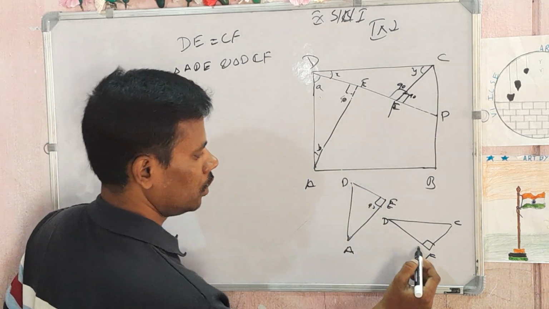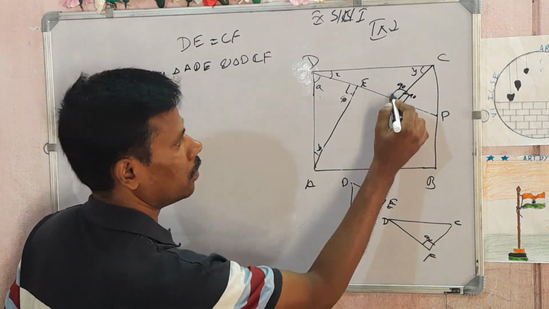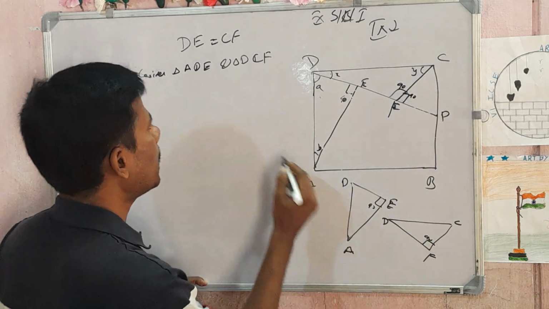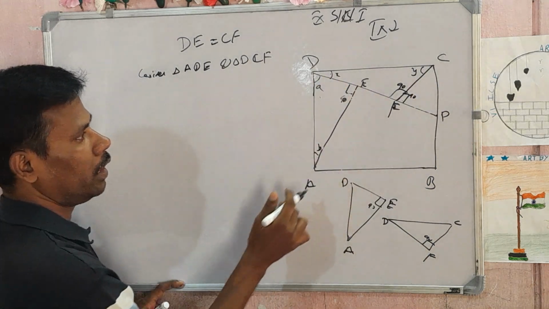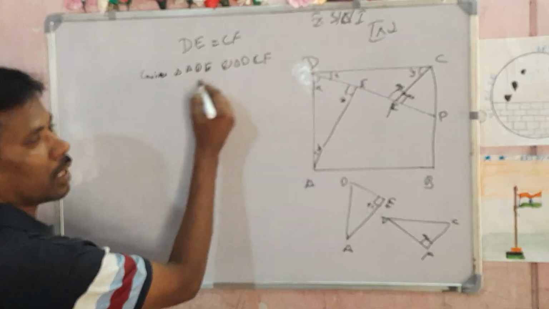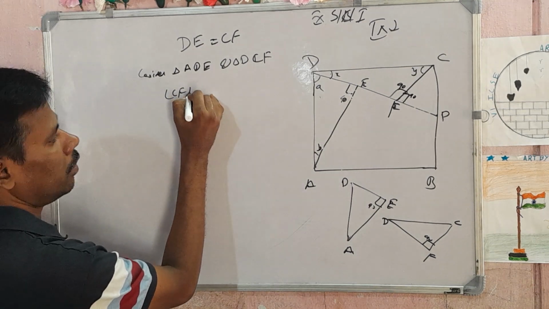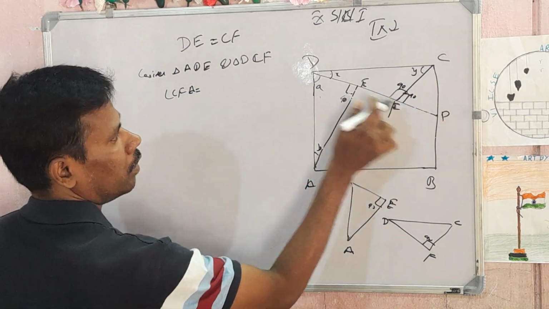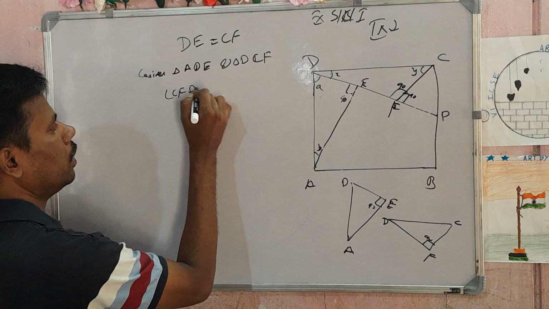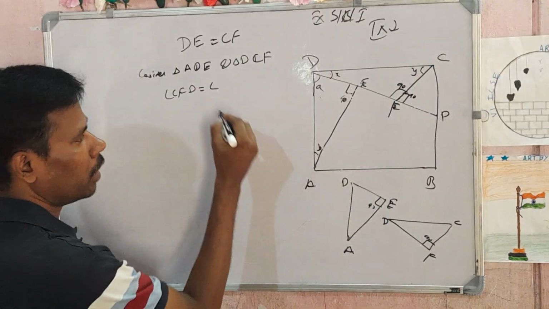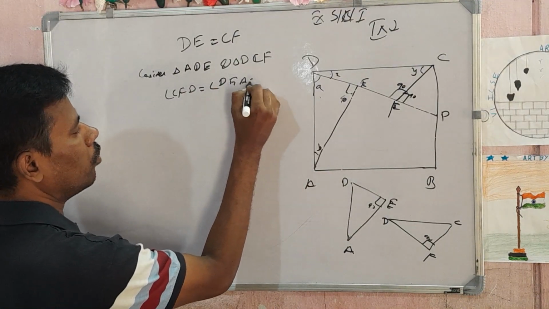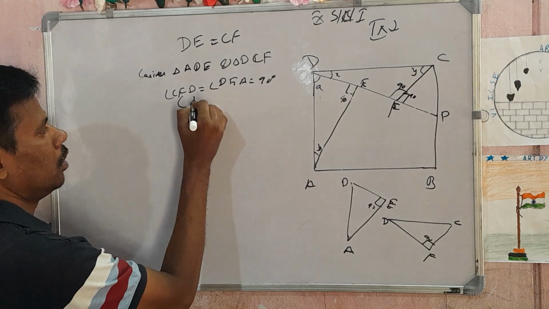Already I told, so this is 90, 90. DFC is 90 and DEA is 90. In these two triangles, angle CFD is equal to DEA. Both are equal to 90 degrees.